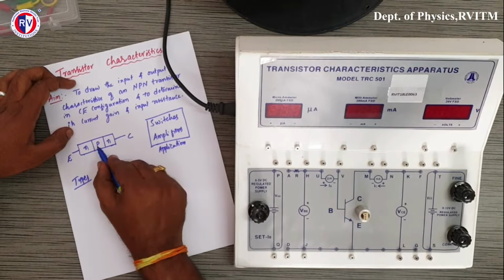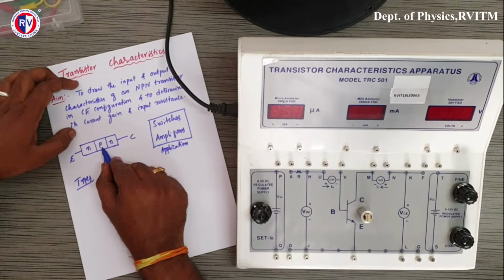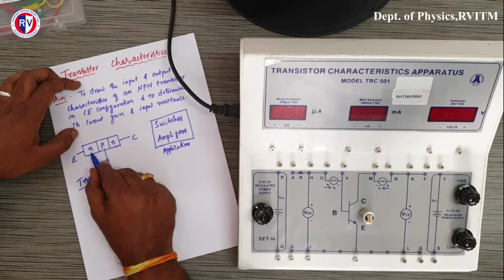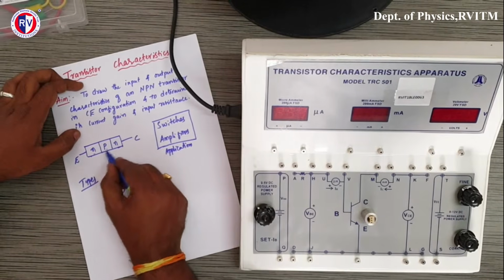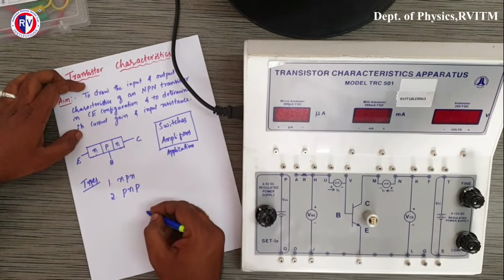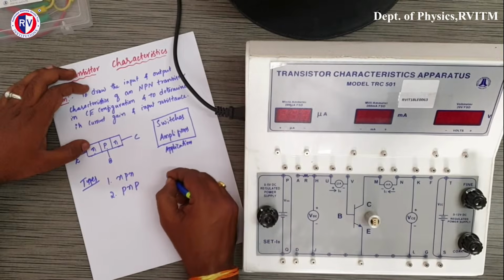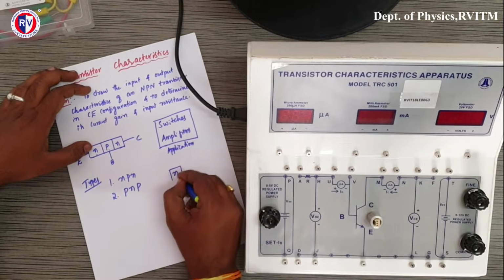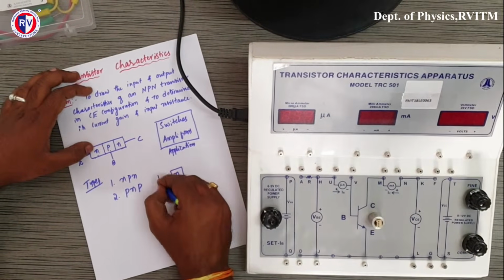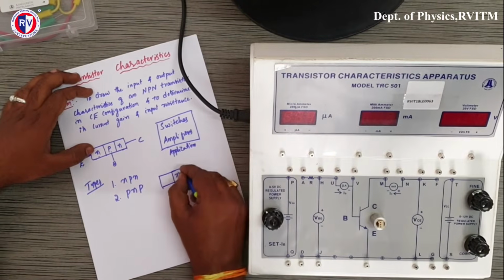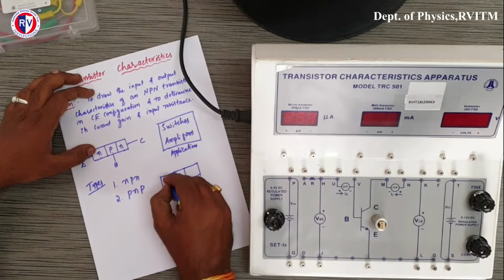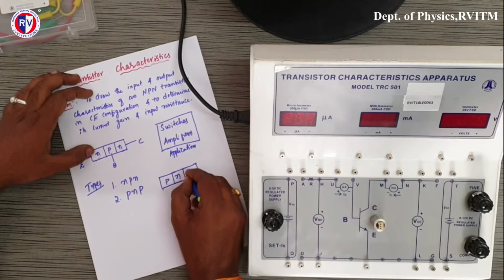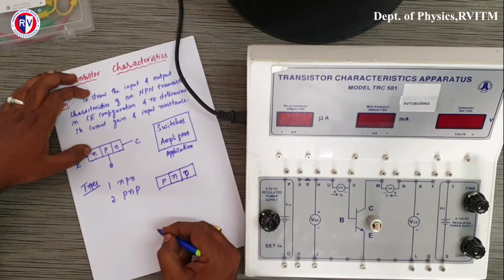It means a P-type semiconductor is sandwiched between two N-type semiconductors, forming an NPN transistor. Similarly, for a PNP transistor, take an N-type semiconductor material and sandwich it between two P-types. This is called a PNP transistor.